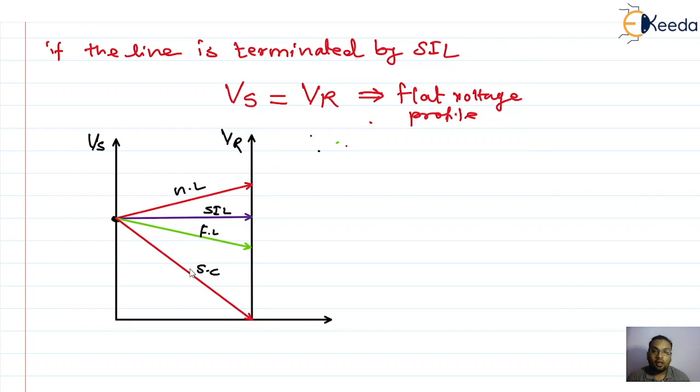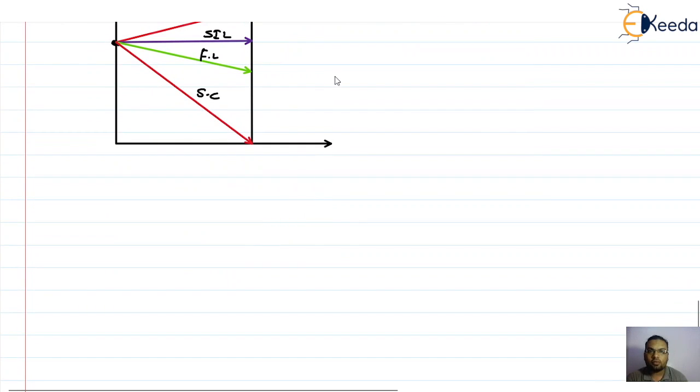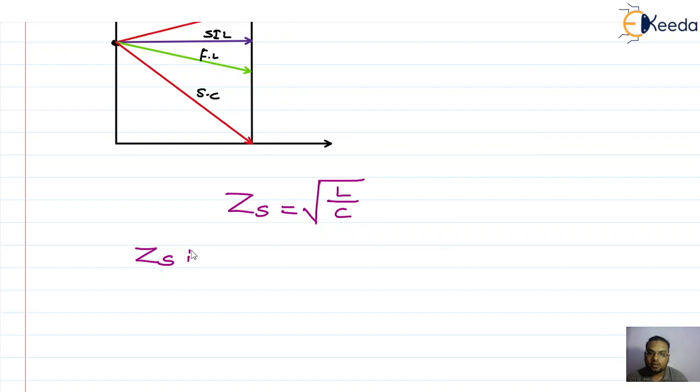Again, the formula we have for surge impedance is ZS equal to square root of L by C. So it is independent of the length of the line.